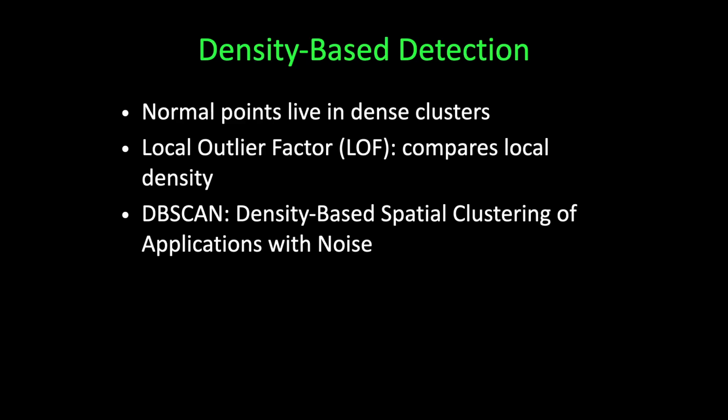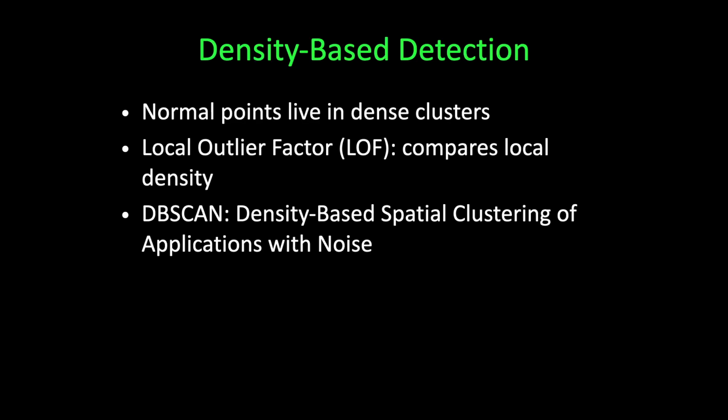Another major algorithm is DBSCAN, which stands for Density-Based Spatial Clustering of Applications with Noise. DBSCAN groups points into dense clusters, and anything left over, the points that don't fit well with any cluster, are treated as noise or anomalies. These methods are especially useful for cybersecurity data where attacks may form their own sparse clusters or may stand alone outside normal activity.